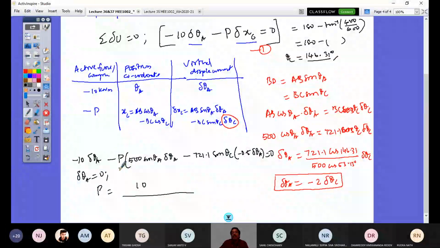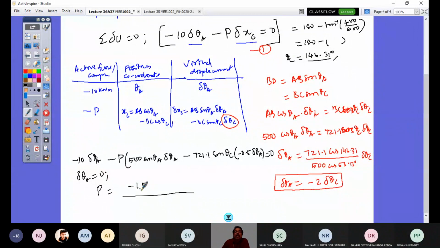So this becomes plus this 10 by 0.5. Sir, it should be minus 10. Minus 10. Yes, sir, because if you take P to the right side, then you take the denominator, it should be minus 10. Yeah. That minus and minus should go here, just a minute.